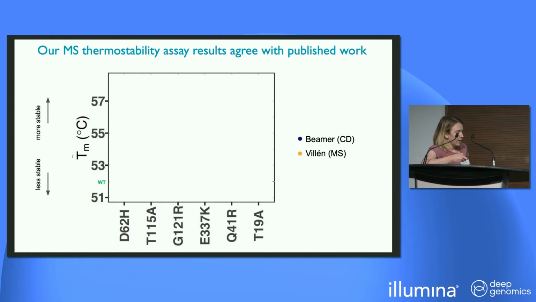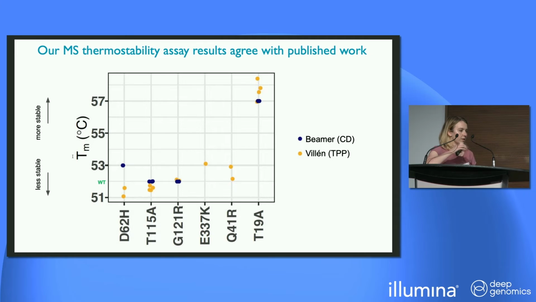The other assay that I worked on is this thermostability assay. And so on the y-axis is the thermostability. Obviously, higher Tm, this is a protein melting temperature, a higher Tm means it's a more stable variant, and a lower Tm means it's a less stable variant. And so in blue is previously reported data, and yellow is our data measured using mass spec.